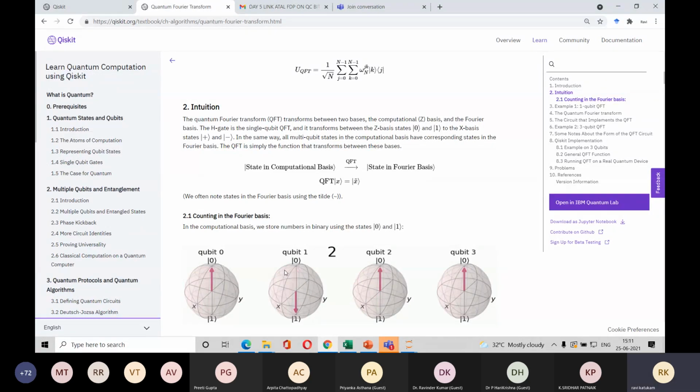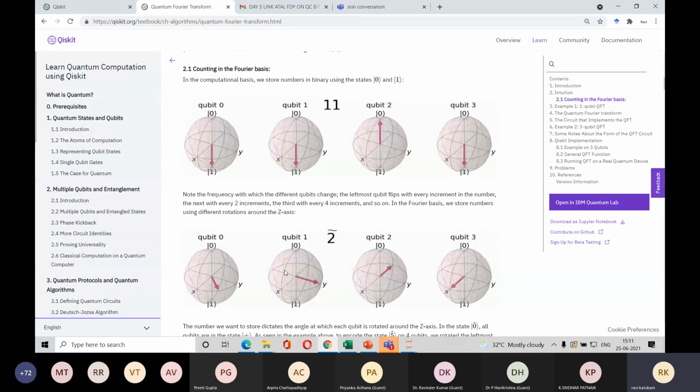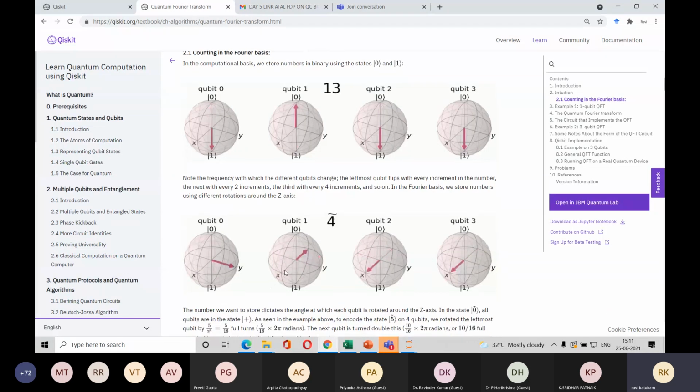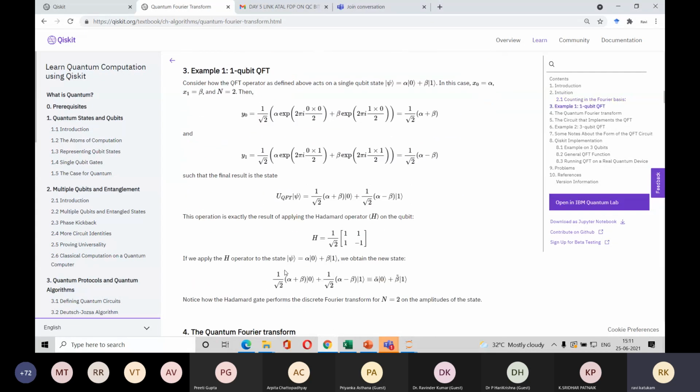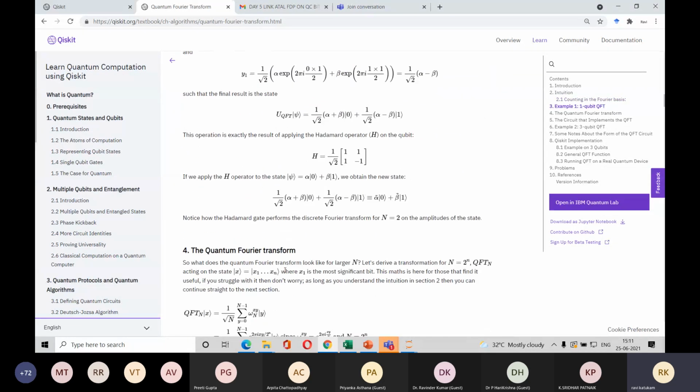See, you may ask, what is this QFT? What is a simple explanation? See, what we said, whenever you apply an H gate and CNOT, it will try to put the entire system in an entangled state, right? So same thing happens here. Okay, so this QFT will just try to put the system in a similar state. It's not entangled, but in a mixed state.